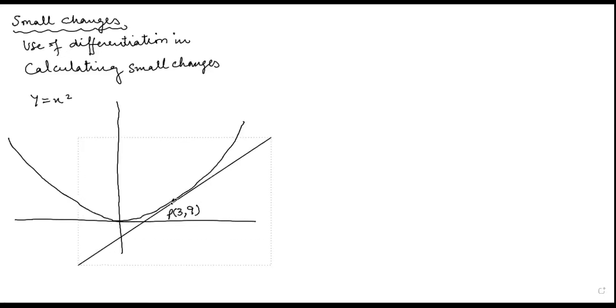This one is the tangent to the curve at point P.